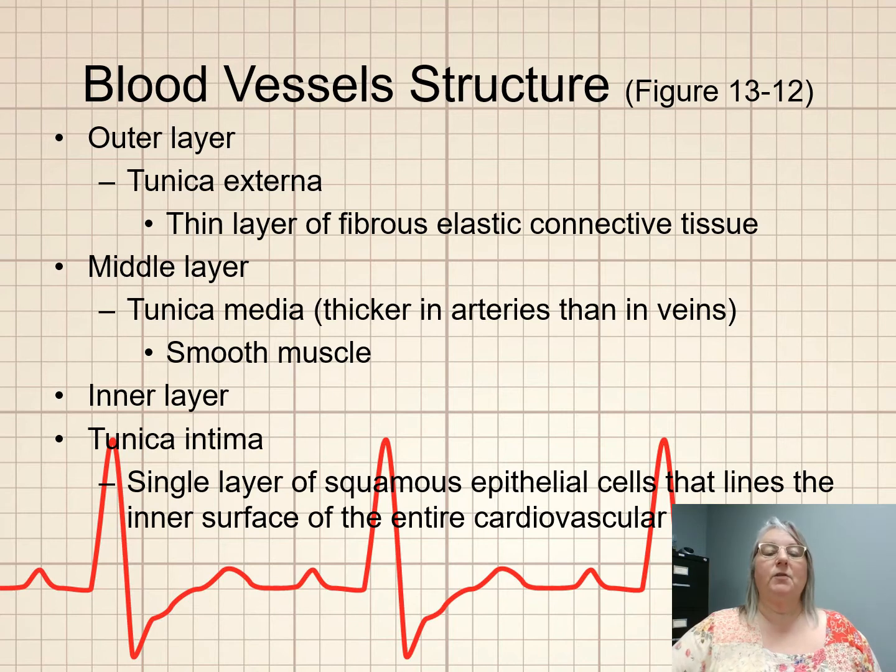And this is the smooth muscle. So the muscles in the arteries are thicker than the muscle in the vein. Then you have the inner layer. The inner layer is the tunica intima. And it's a single layer of squamous cells that cover the inside of all the vessels and the heart.